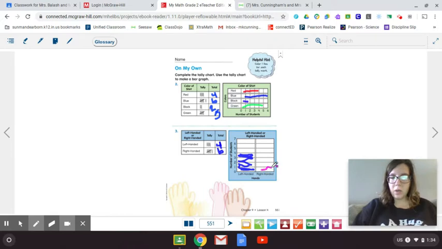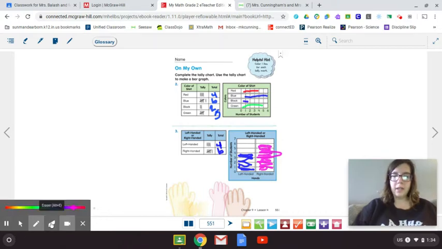So I need to go 1, 2, 3, 4, 5, 6. Okay. So this shows us which one has more, the right-handed, because the right-handed bar is taller. Here it's longer. Up here, the blue one's longer. Here it's taller. Okay.